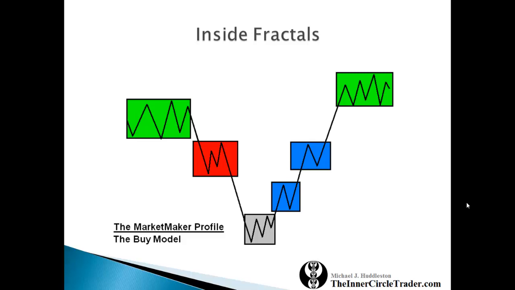Now, before we go into any great detail, it's important that you understand this. There's only three major components that always take place in this fractal. It's the initial consolidation, the reversal point, and the clearing of the initial consolidation. That's a completed buy profile.